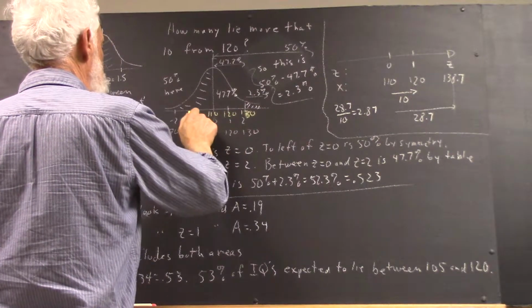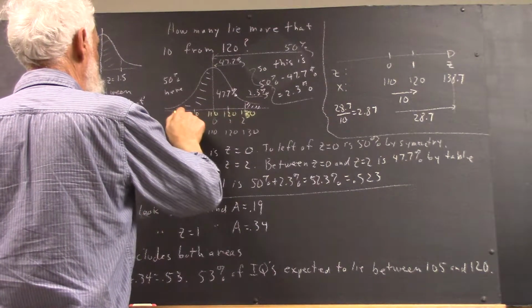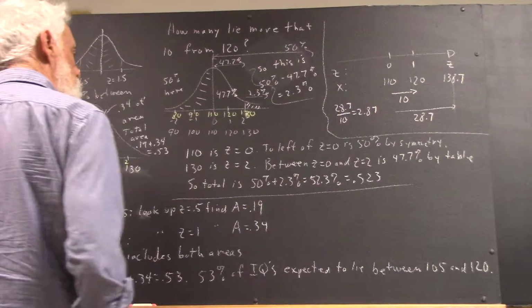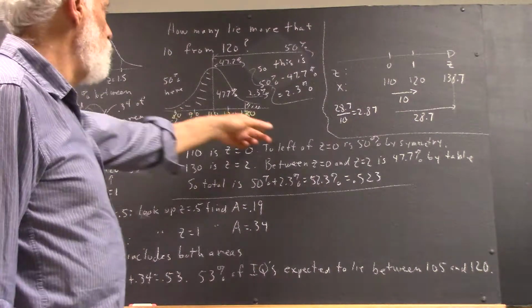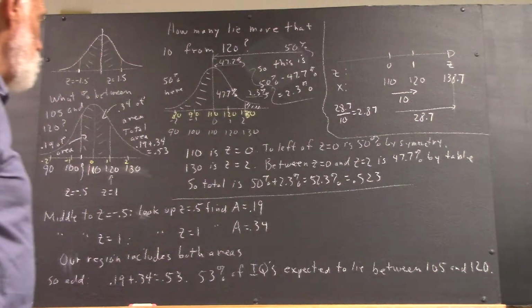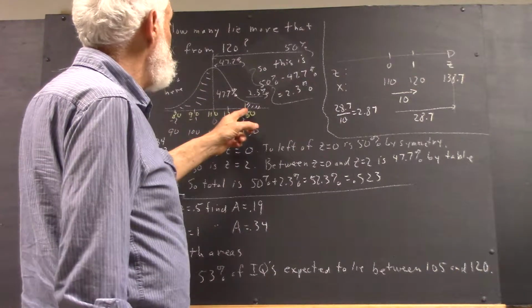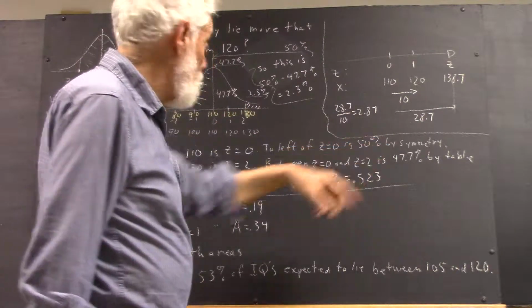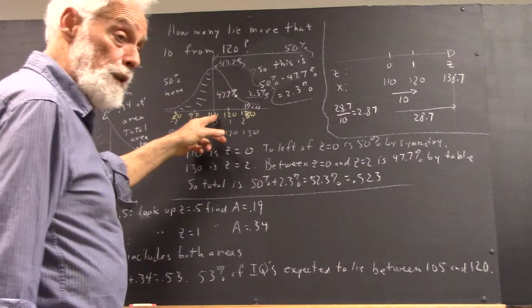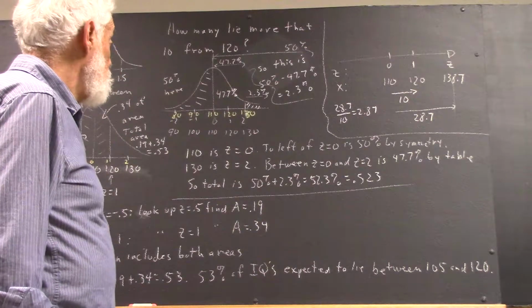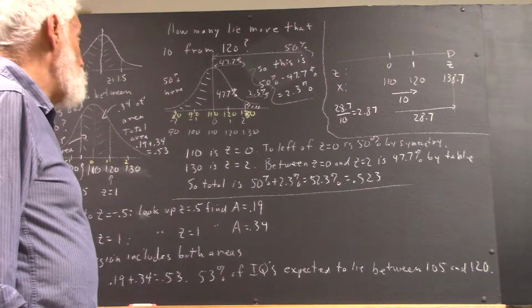Here's 110. Here's 90. Here's 80. That's z equals negative 2 through 2, and that's the same as it's always been. Okay, to be more than 10 units from 120, you got to be more than 130, or you've got to be less than 110. Okay, how are we going to get that?